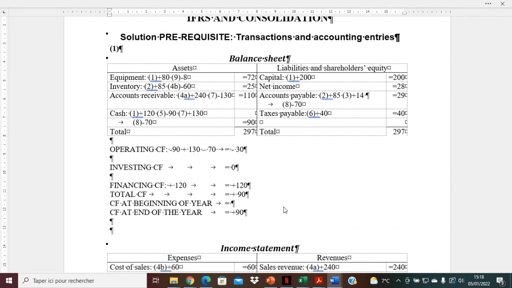In other words, before I accounted for the very first transaction here, what was the amount of my cash position? Anyone? How much cash did the company own before the first transaction?